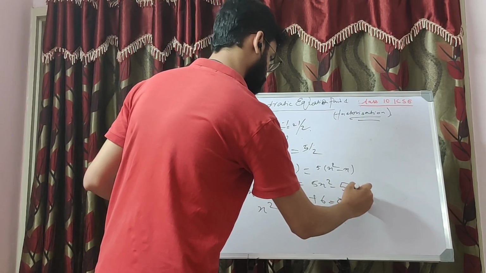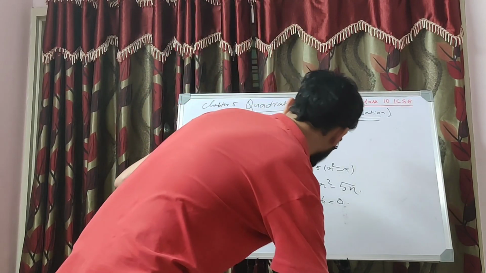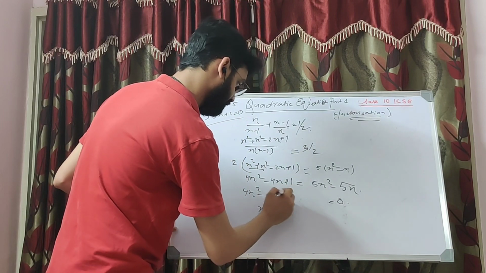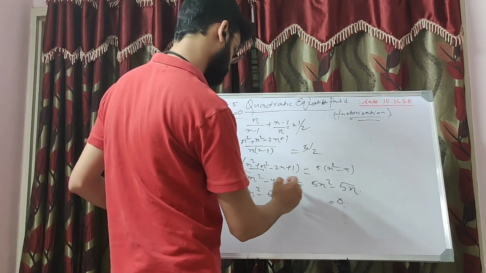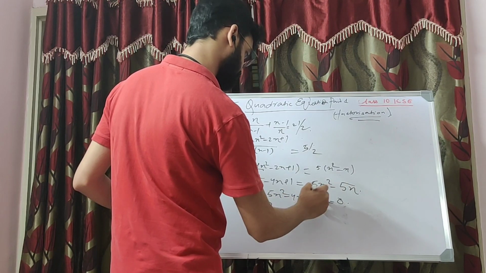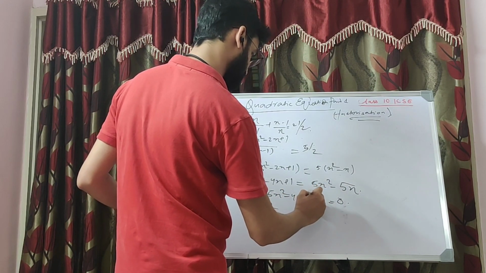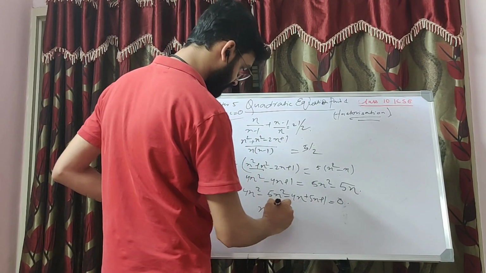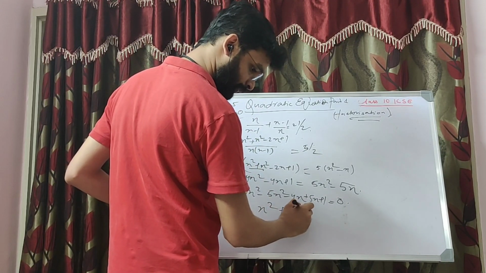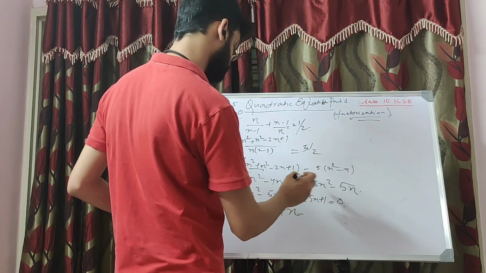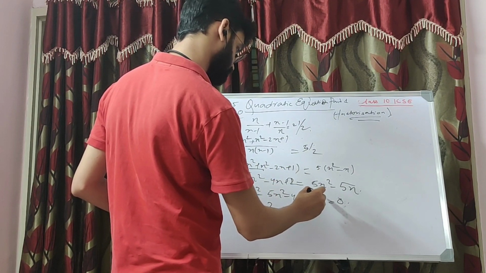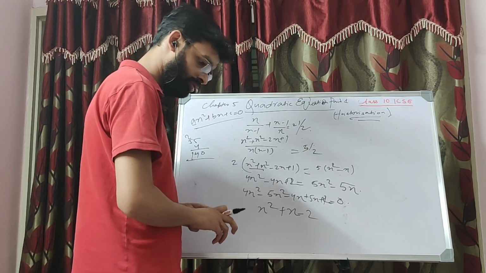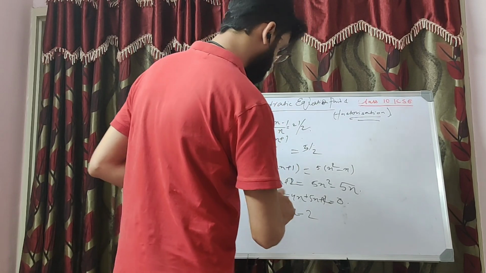So my value here will become x square minus x minus 2, this I got as a value.